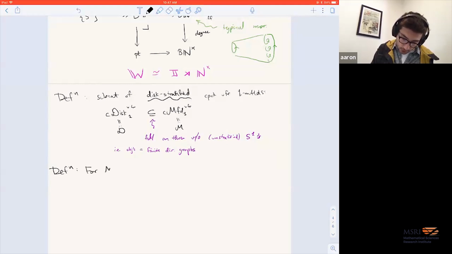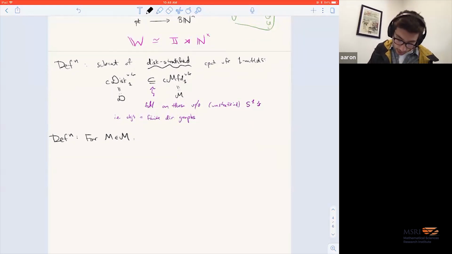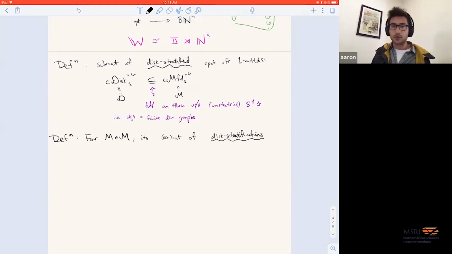For any object M in curly M, of course, you should be thinking about the circle here, its infinity category of disk stratifications. And this is going to be useful for factorization homology.